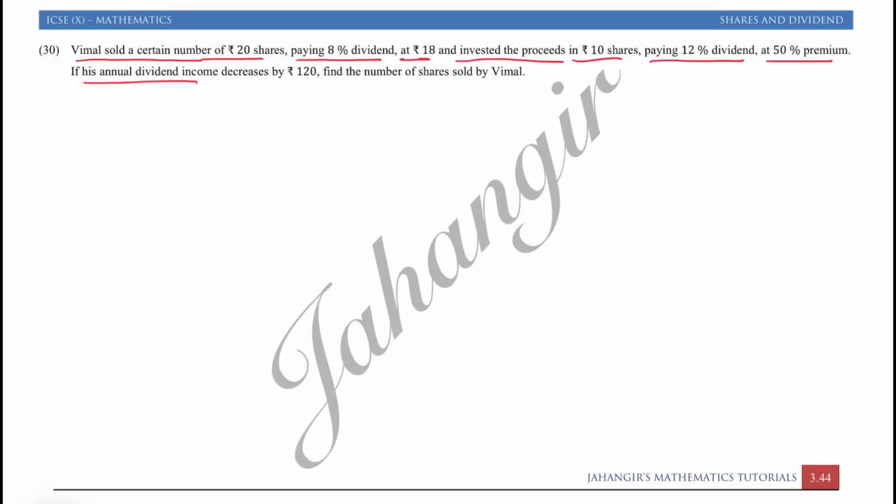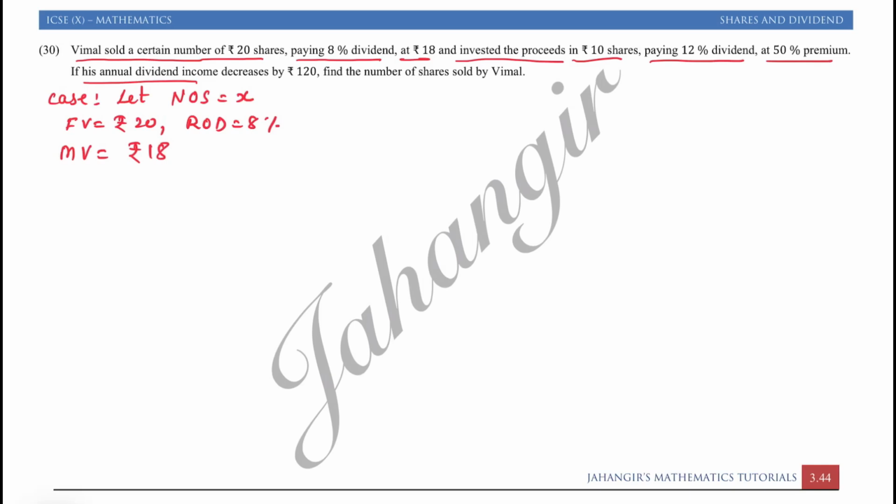So here we don't know how many shares Vimal had. So we will write, in case 1, let the number of shares be x, whose face value is rupees 20, paying ROD as 8%, and market value is rupees 18.